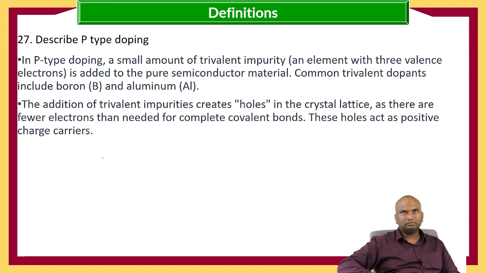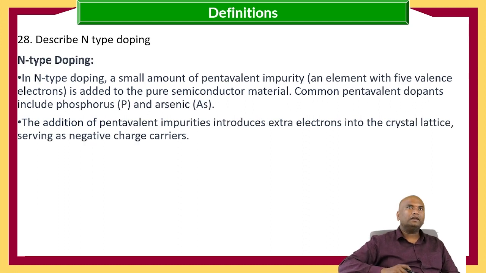Describe n-type doping. In n-type doping, a small amount of pentavalent impurity is added to the pure semiconductor material. The common pentavalent dopants include phosphorus and arsenic.